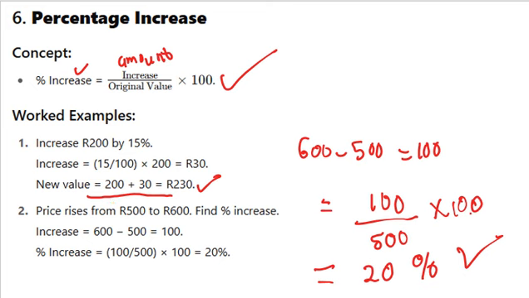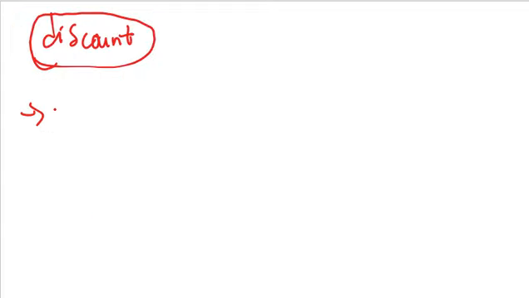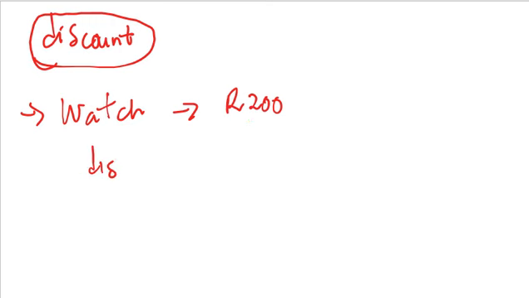So for example, let's say you had a watch that is originally costing 200, and the shop says I'm gonna give you a discount of 20%.